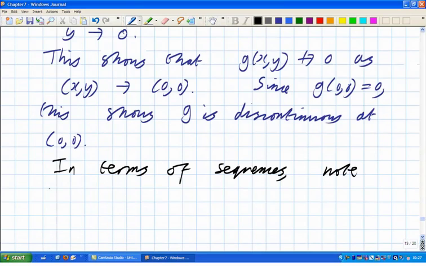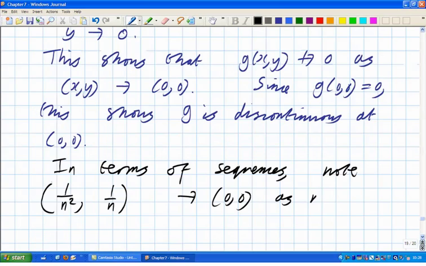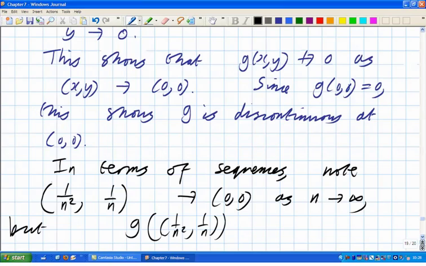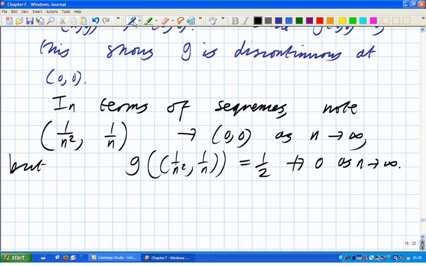And again, I'll just show you how you do that with sequences, since that's what our definition says at the moment. So in terms of sequences, note that we'll do (1 over n squared, 1 over n). This is x equals y squared, right? It tends to (0, 0) as n tends to infinity.